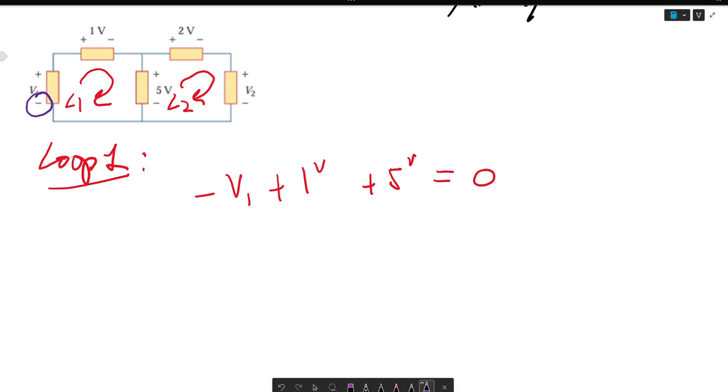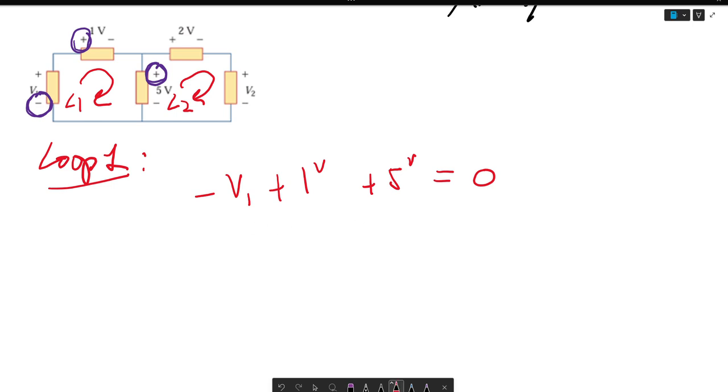For example, here L1 is entering V1 at the negative terminal, so I put a negative sign here. It's entering 1 volt at the positive terminal, so I put a positive 1 here. And it's entering the 5 volts at the positive terminal, so I put a positive here.